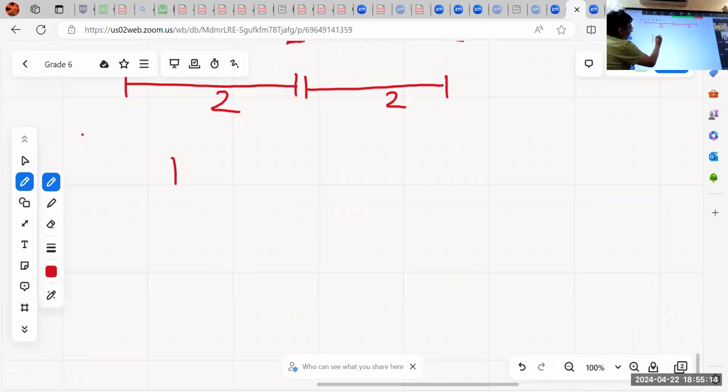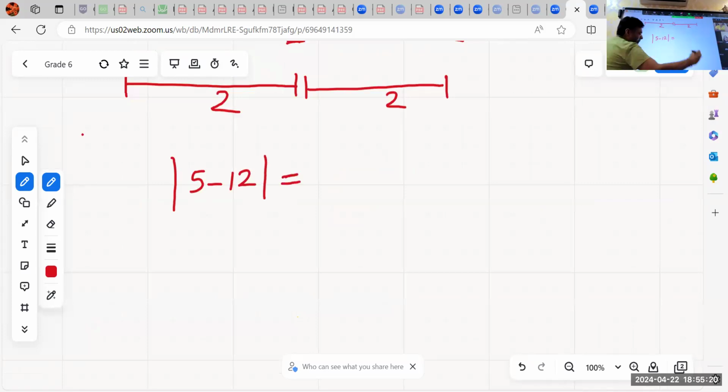What is the answer of 5 - 12? Everyone give it to me in the chat.